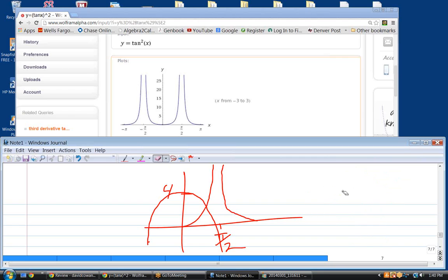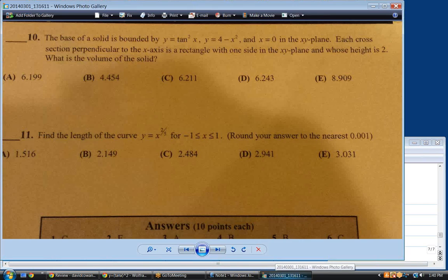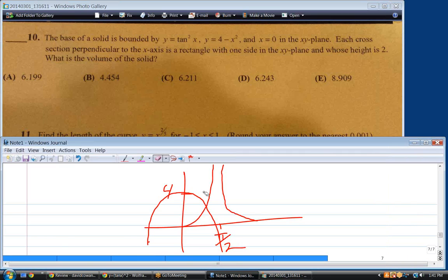So what region are we doing? So we're doing a little triangle sort of region? Let me look at the rest of the problem. Each cross-section perpendicular to the x-axis is a rectangle with one side in the xy plane whose height is 2. What's the volume of the solid?